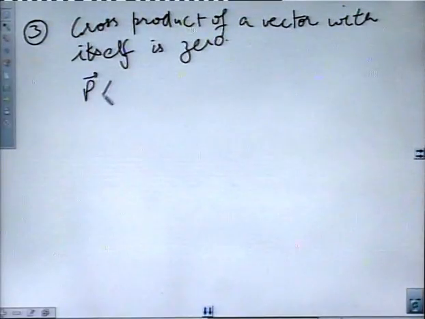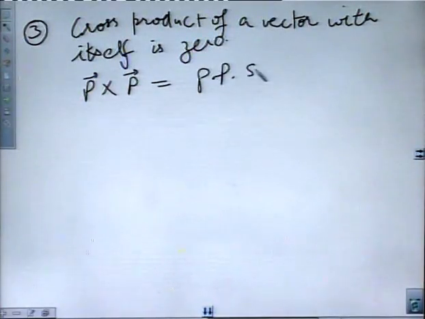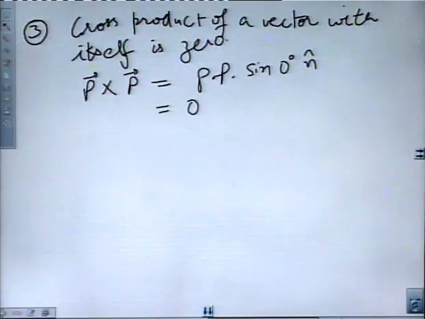If we take p vector cross p vector, this will be equal to p into sine of 0 degree and a unit vector n cap. Sine 0 is 0, so this is equal to 0. So cross product of a vector with itself is always 0.